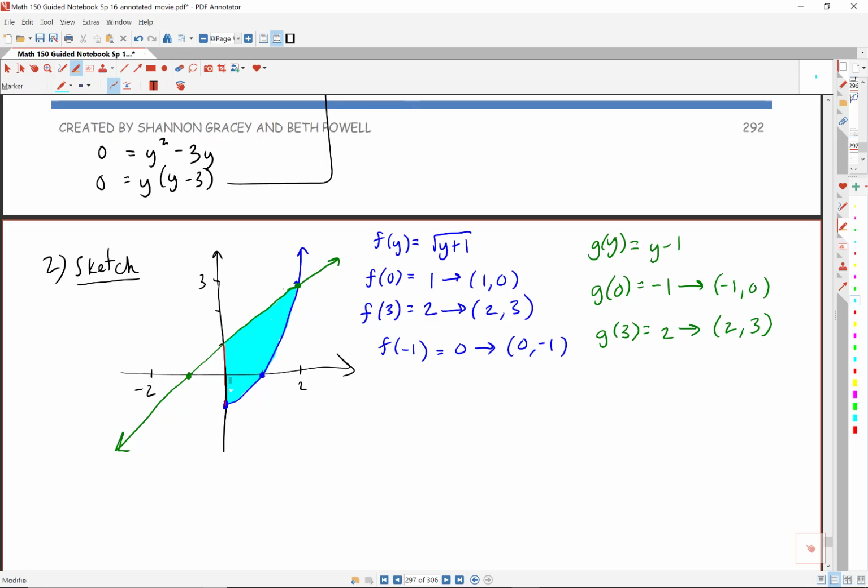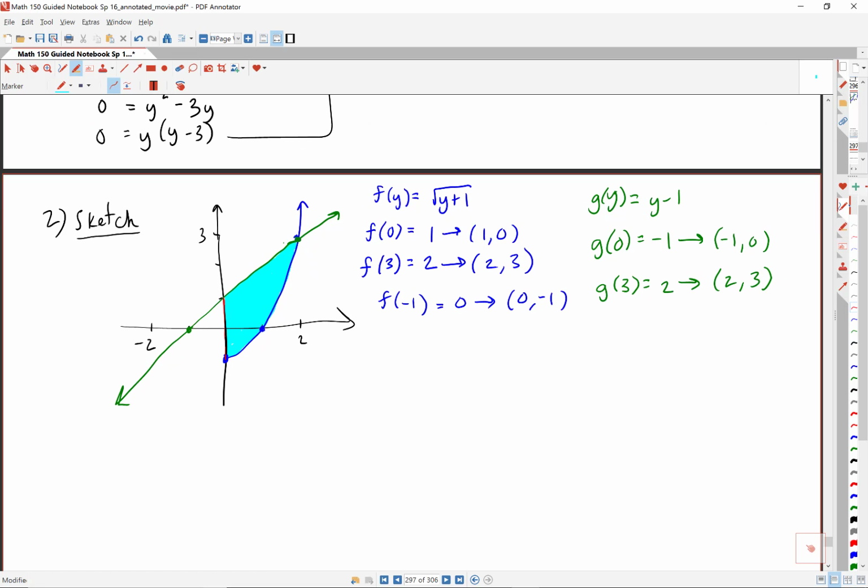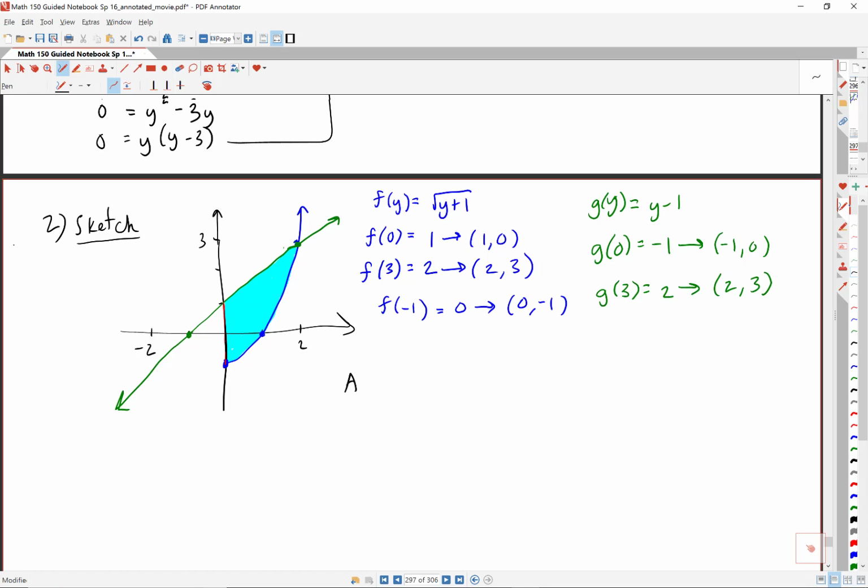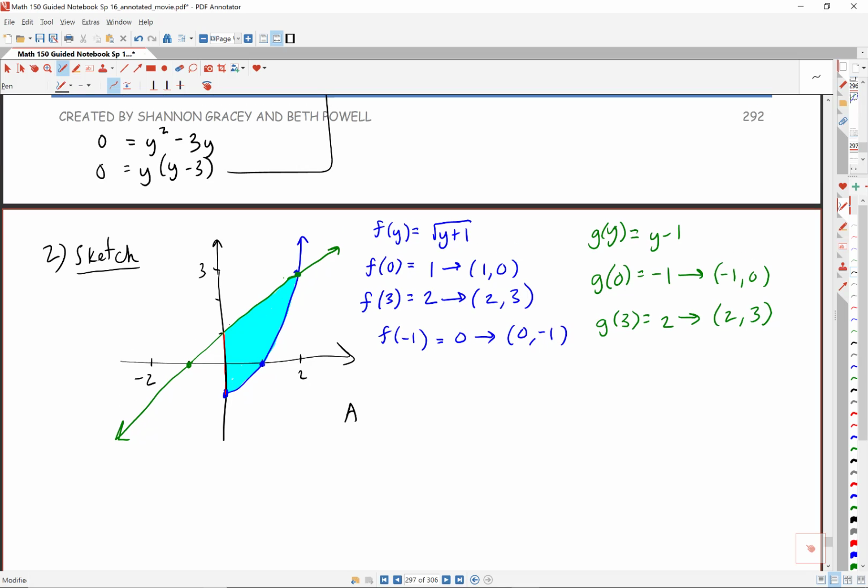And so our area will be equal to, now remember, you're going rightmost to leftmost. So with this one, let's see what's going to happen.